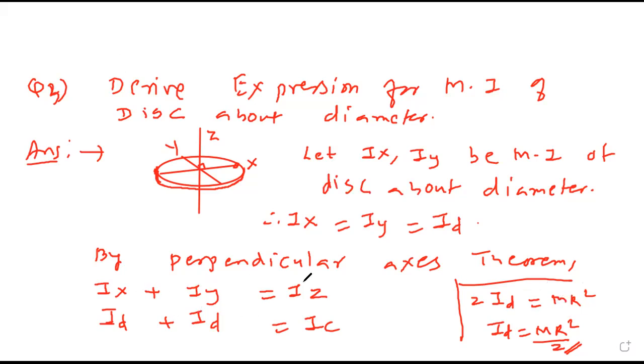So Ix plus Iy is Iz, I diameter plus I diameter, 2ID is IC, which will become mr square by 2. So the final answer is mr square by 4.